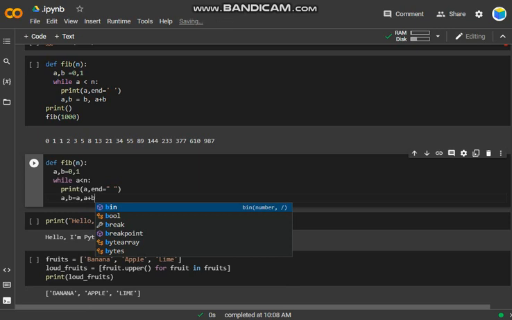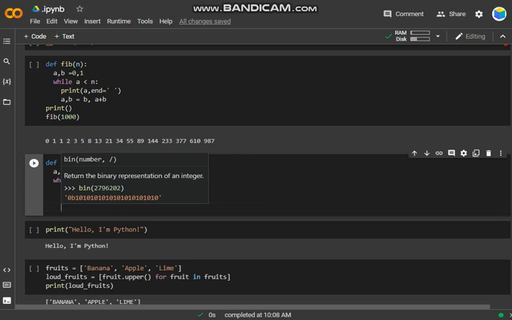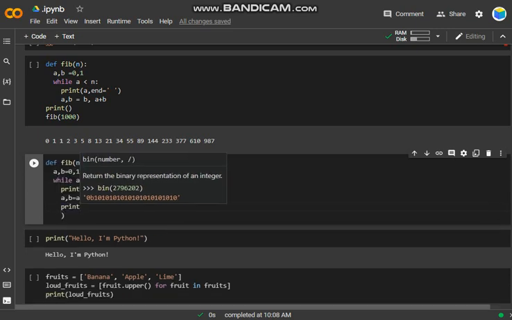And then write the print b here, then write the print here, print and parenthesis, then parenthesis.